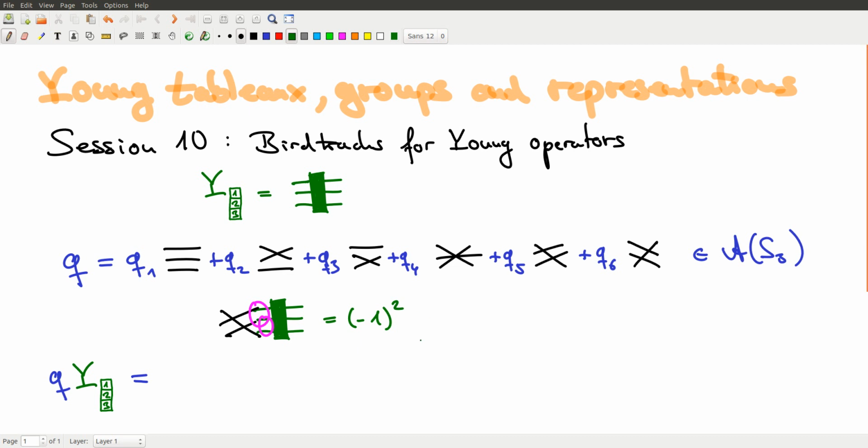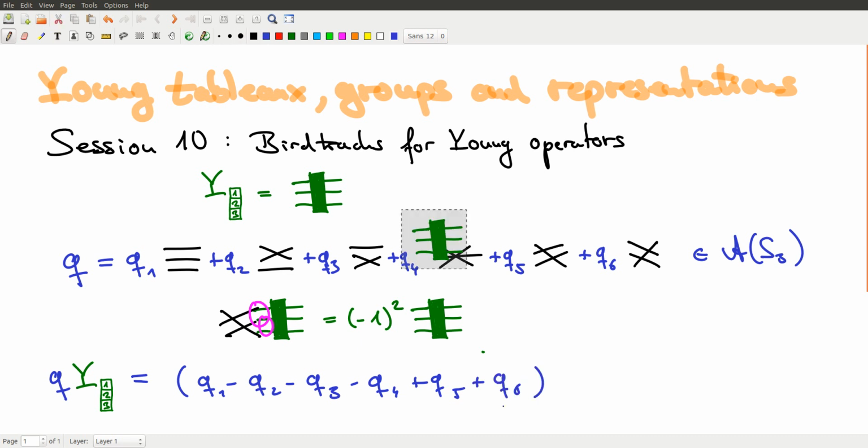So I get a -1 for each interchanging of lines. So I get again the antisymmetrizer back. And that's the same for either of these cyclic permutations. So in total we get Q1 minus Q2 minus Q3 minus Q4 plus Q5 plus Q6 times the antisymmetrizer.